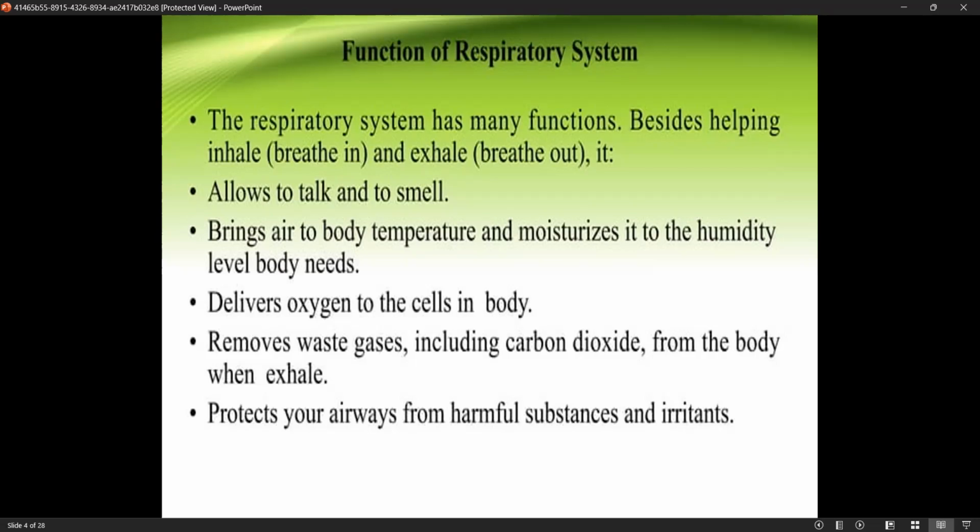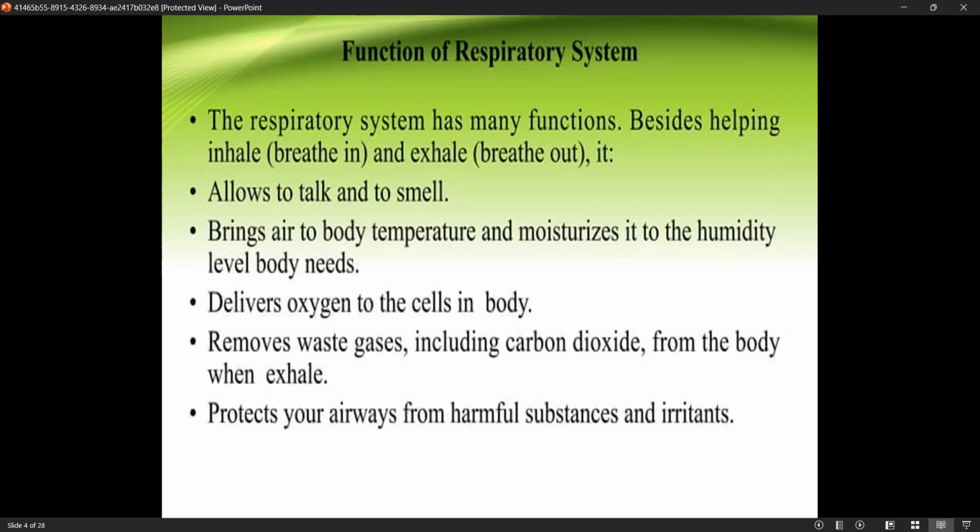Then it brings air to body temperature and moisturizes it to the humidity level the body needs. Then, as we already know, it delivers oxygen to the cells in the body so that all the metabolic processes go on smoothly in our body.